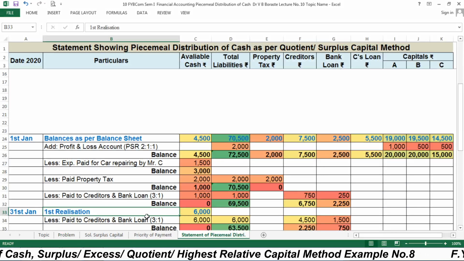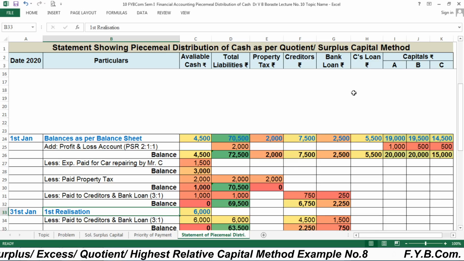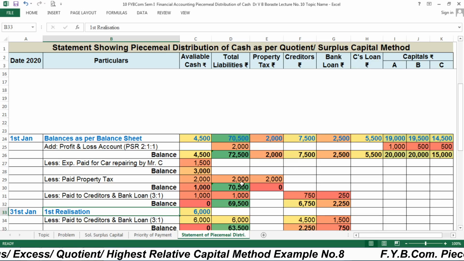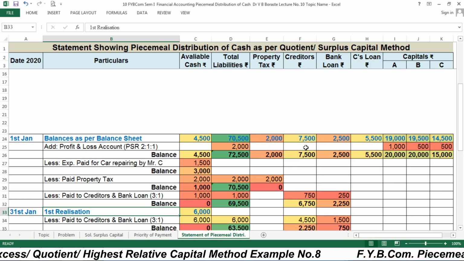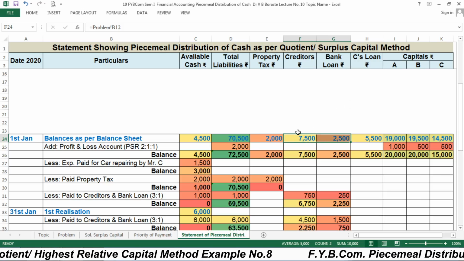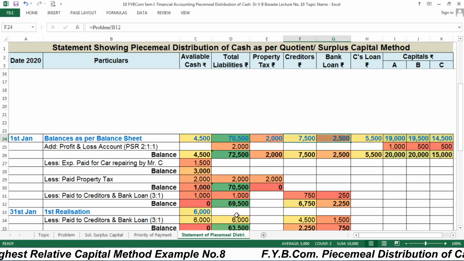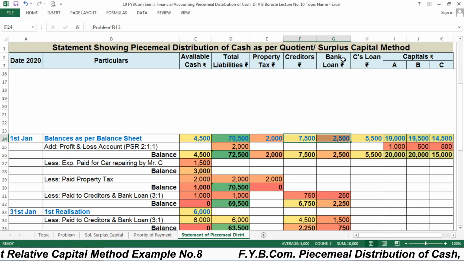After getting 6,000, we have to pay creditors and bank loan. In the earlier step, the payment to creditors and bank loan was 10,000. We already paid 1,000 to them. Still we have to pay 9,000 to creditors and bank loan.